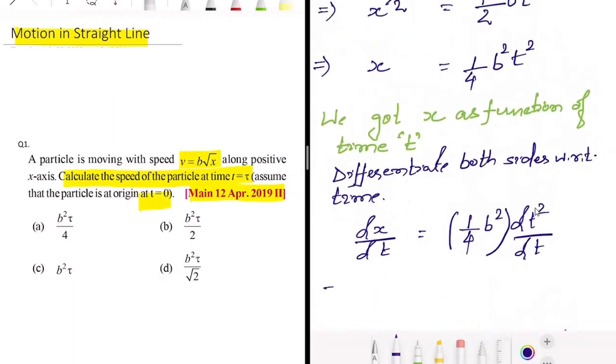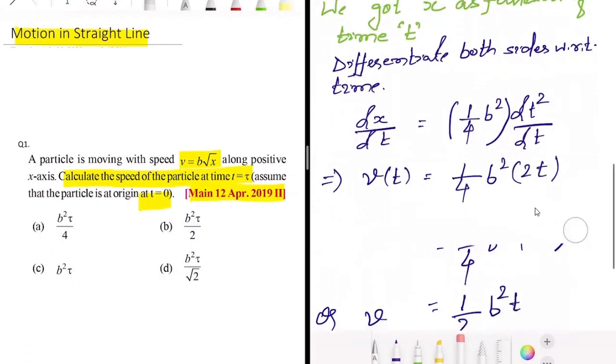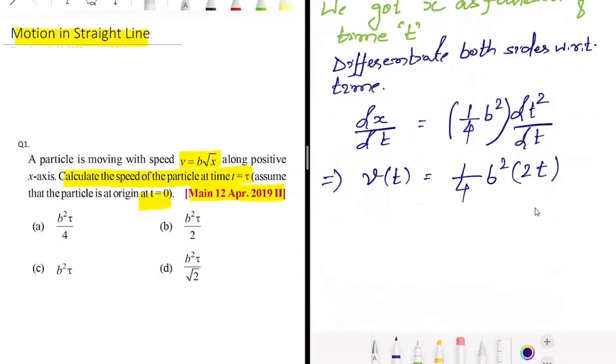This gives us v(t) equals 1 by 4 b square 2 times t. This implies v(t) equals 1 by 2 b square t.